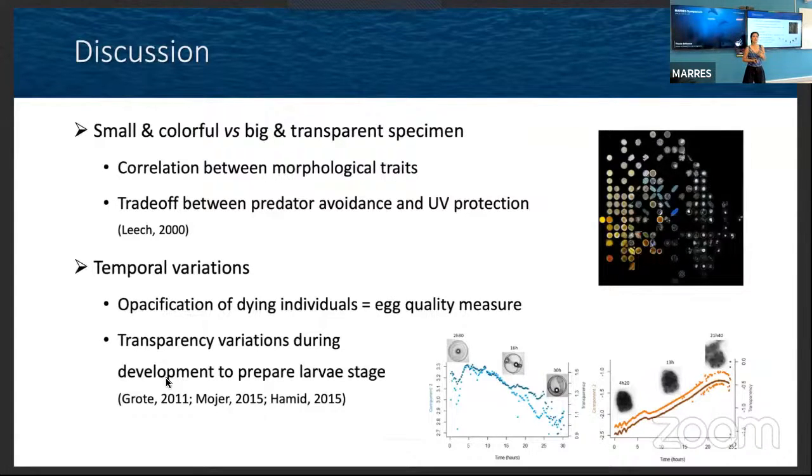What is highlighted here is that the eggs have some morphological traits, but there is variation during development, and the aim is also to prepare the larval state. Here we have big eggs at the beginning, so the main risk is predation. You have to be transparent to survive to the next stage. But at the next stage, you are able to swim because you are a larva, so you are allowed to have pigmentation.